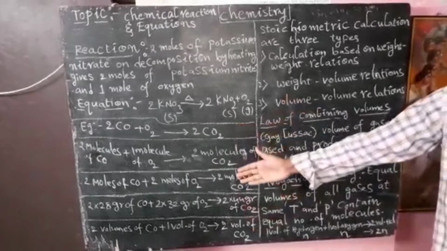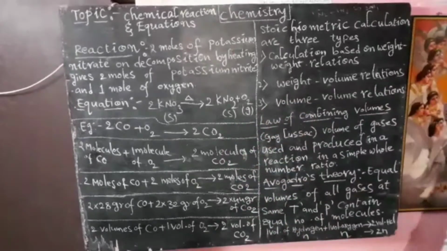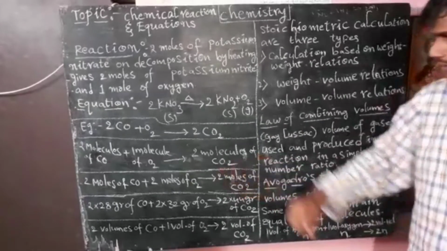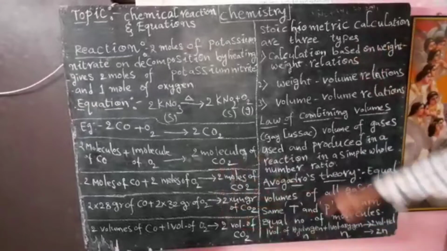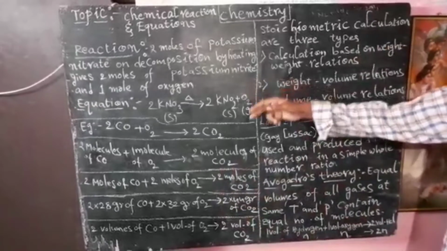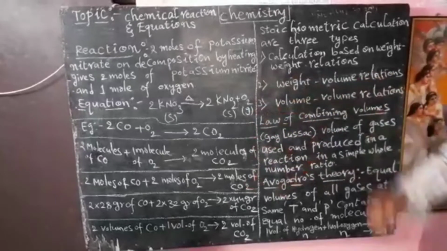It gives molecular information, molar information, weight information, and volume information. So a chemical equation mainly tells about molecular, molar, weight, and volume information.